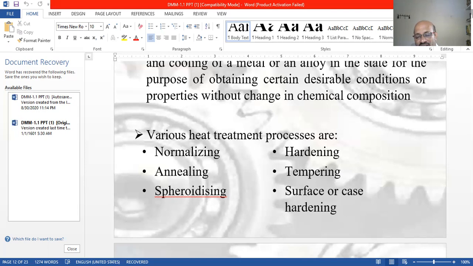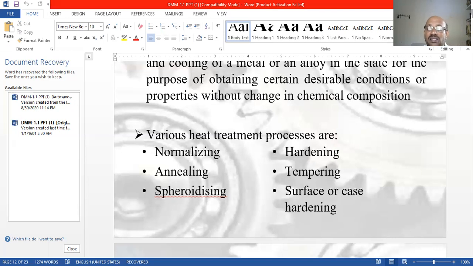Next, in every heat treatment process, we are removing stresses, increasing machinability, and avoiding corrosion with the help of heat treatment. All these things help us in the heat treatment of steels.